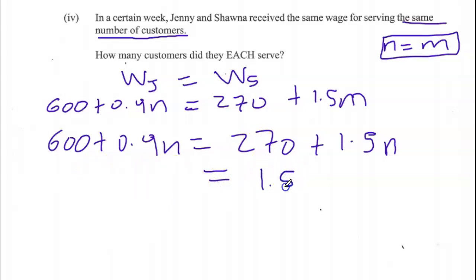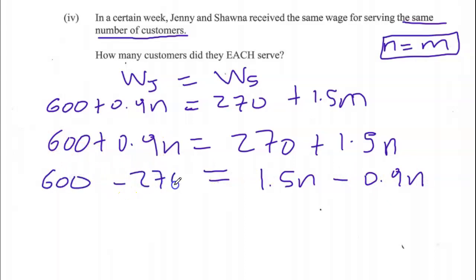So I have 1.5 N, which means I have 0.9 N here. I'll group the constants over here. So I have 600, and I have minus 270. So we subtract 270 from both sides, and we subtract 0.9 N also from both sides. So we end up with 1.5 minus 0.9, that's 0.6 N, and 600 minus 270, that's 330.